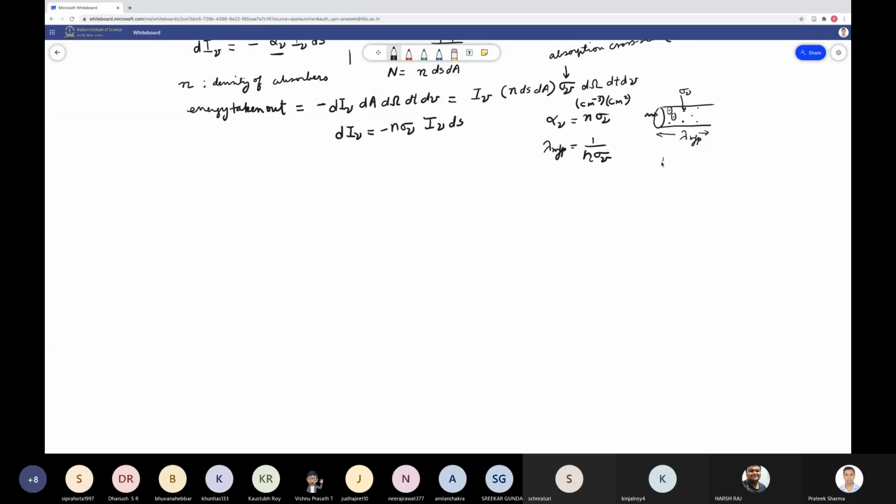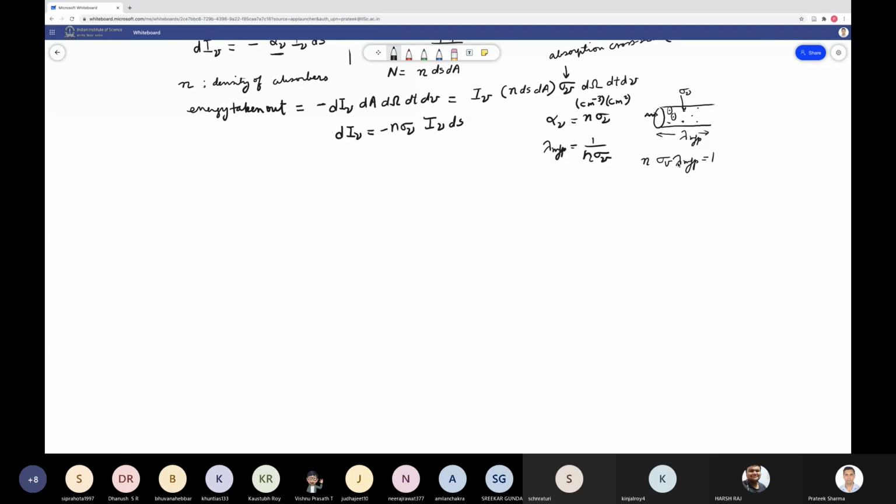So these have some number density. The number density times the area of an individual particle times the mean free path is equal to 1.